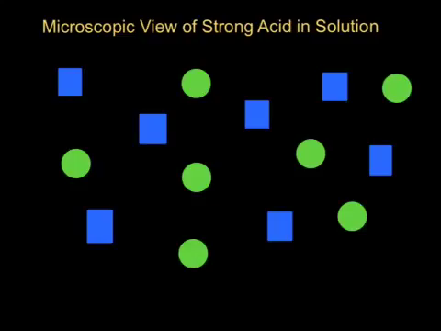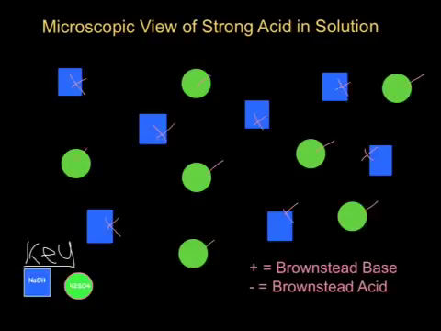The microscopic view of strong acid in the solutions would look like this. Here, the green circles represent the acid H2SO4, and the blue squares represent the base NaOH.